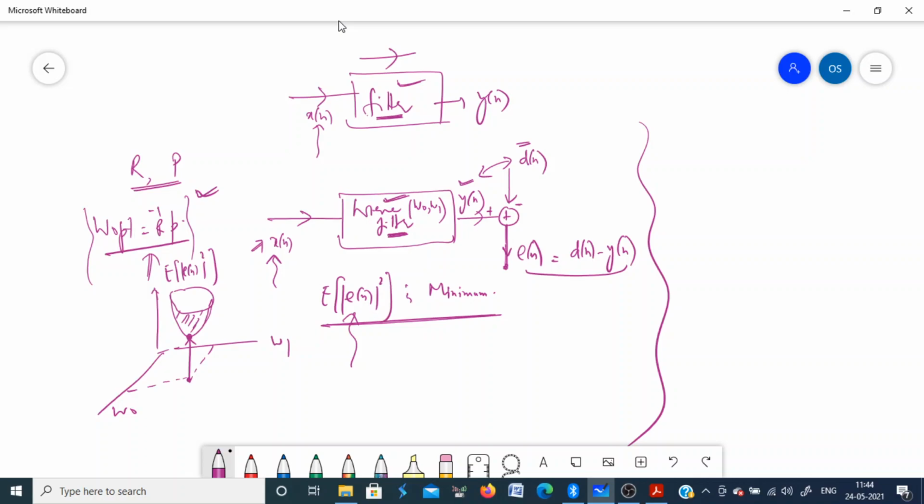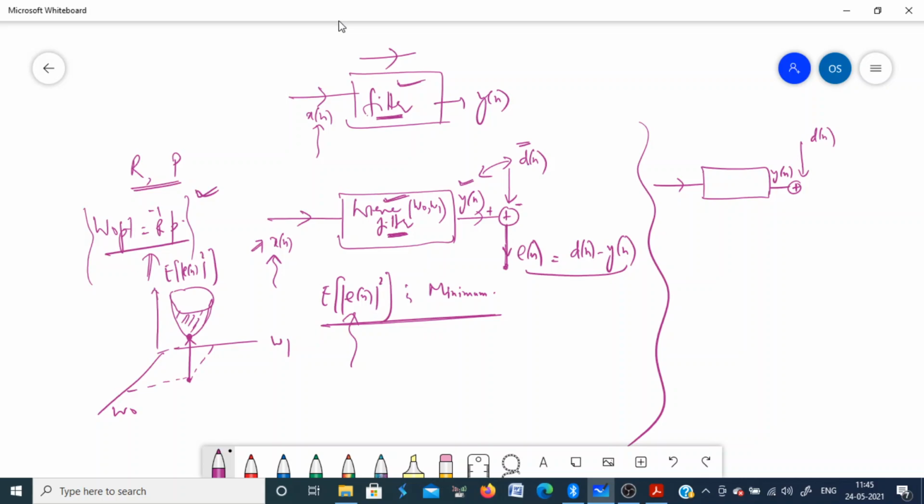Okay, and sometimes if the knowledge about these matrices R and P is not available to you, you can use adaptive filters. An adaptive filter is very similar to the Wiener filter. In that we reach this Wiener solution using a recursive feedback approach.